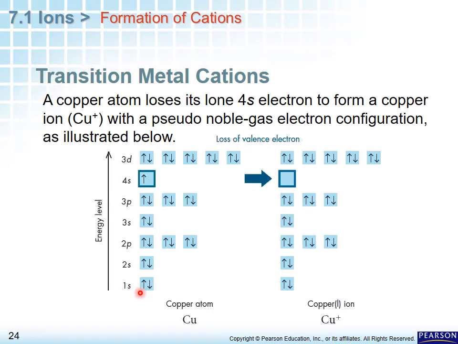In it, 1s2, 2s2, 2p6, 3s2, 3p6, 4s1, and 3d, check here, 10, 2, 4, 6, 8, 10. So it loses this electron, the loss of the valence electron from here. 4s is the outermost shell, and it becomes 1 positive. This is the Cu positive ion. This is a transition metal.